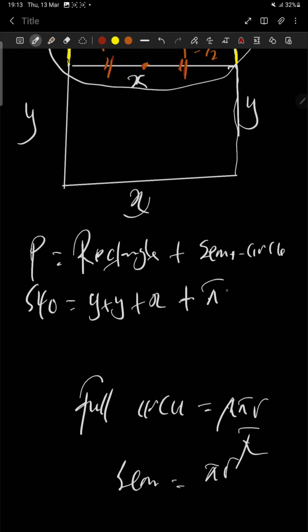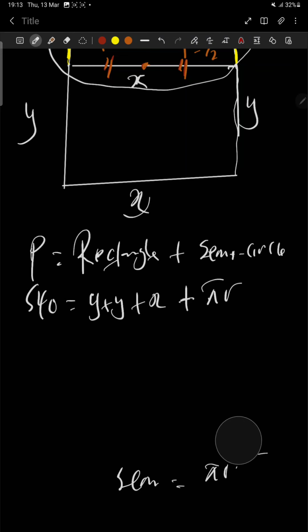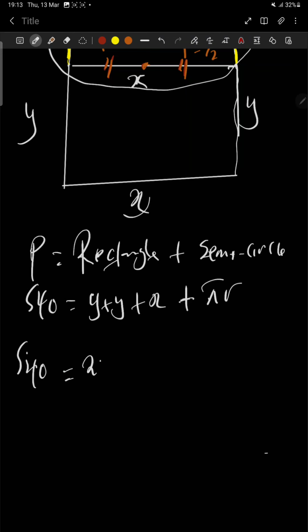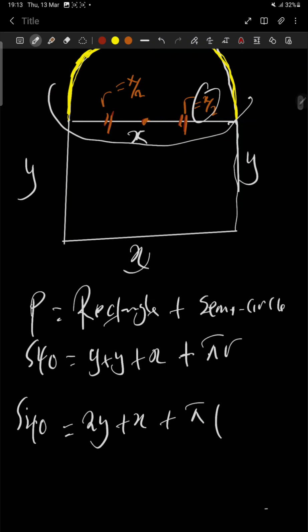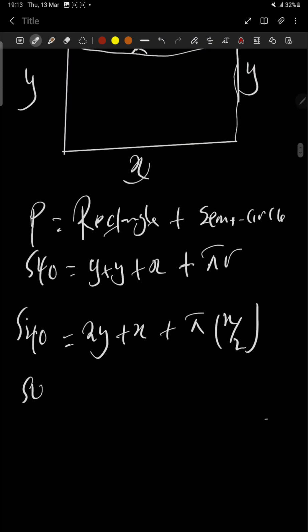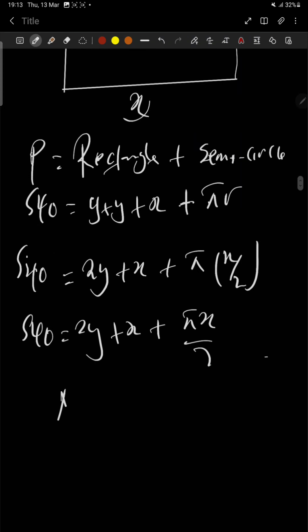So this will be pi r. Okay, so this will be 540 is equal to 2y plus x plus pi r. Now while there is r, I'll replace it with x over 2. So this will be 540 is equal to 2y plus x plus pi x over 2. Then I'll make y subject.